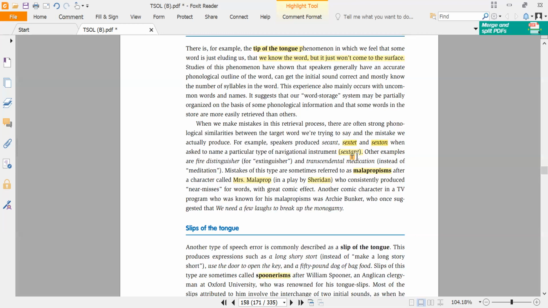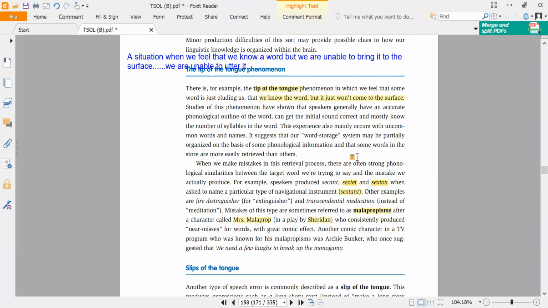For example, if I want to utter the word laptop, and instead of laptop, I say laptap, right? Or TikTok, right? So this is what we call a near miss. When we miss the exact word and we utter another word much close to the word we actually want to utter. So this is also an example of the tip of the tongue.